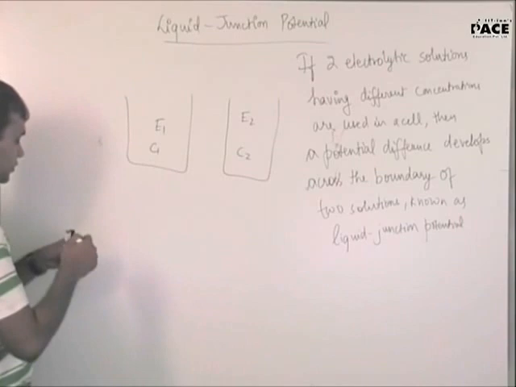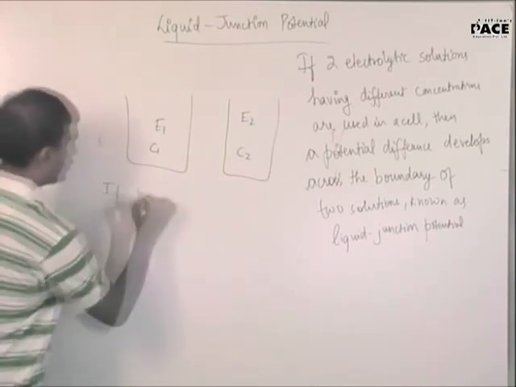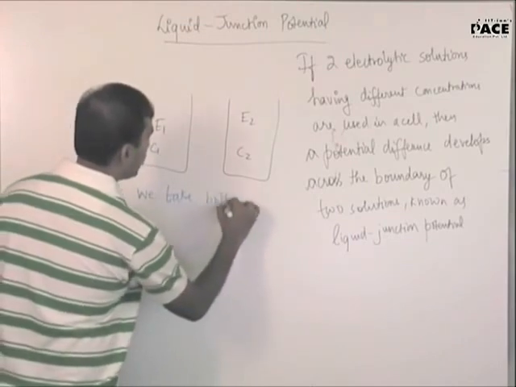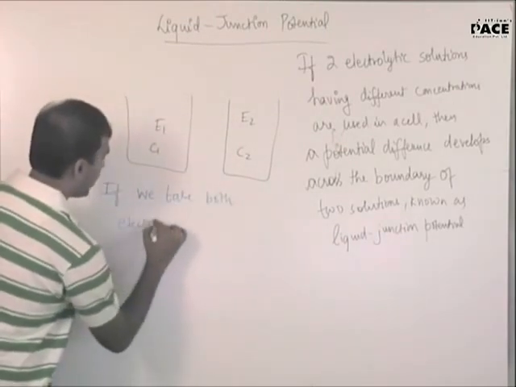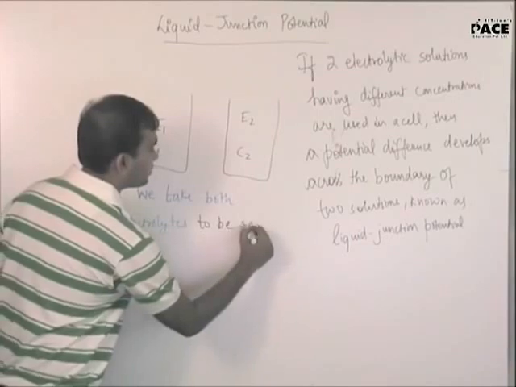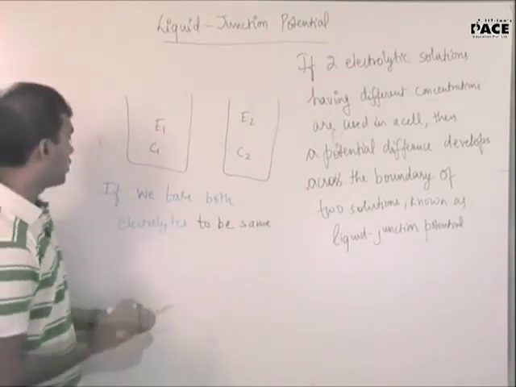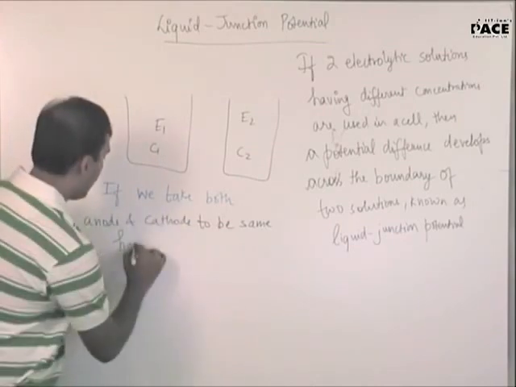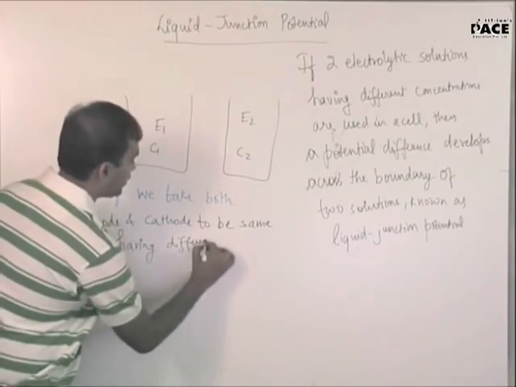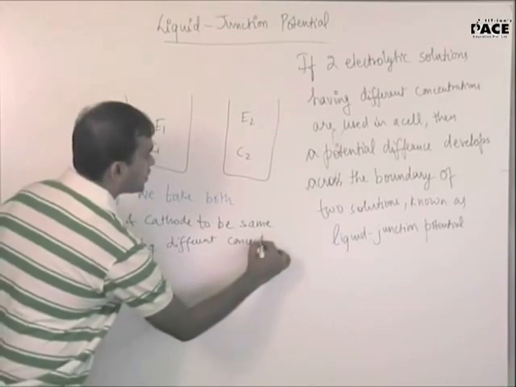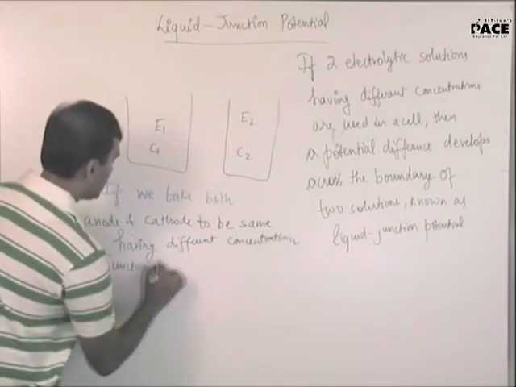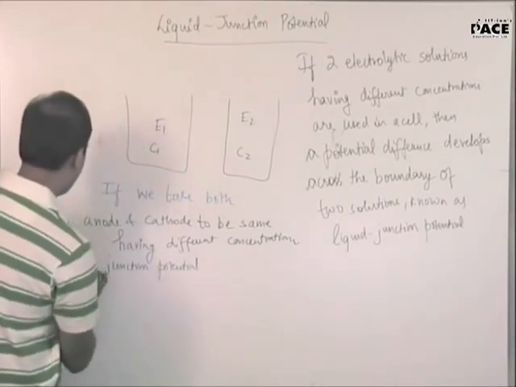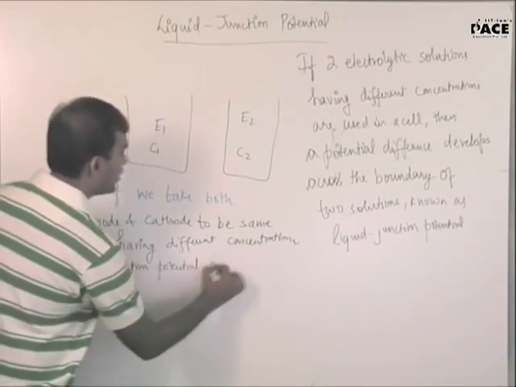What I am saying is, if we take both anode and cathode to be same, having different concentrations, the junction potential, or we can say liquid junction potential, is minimized.